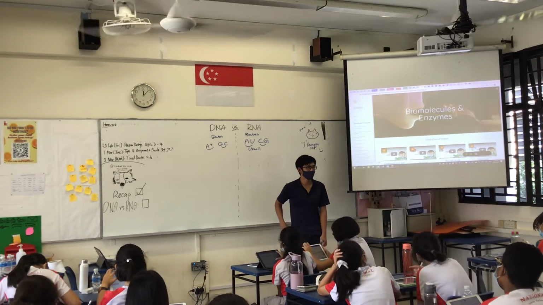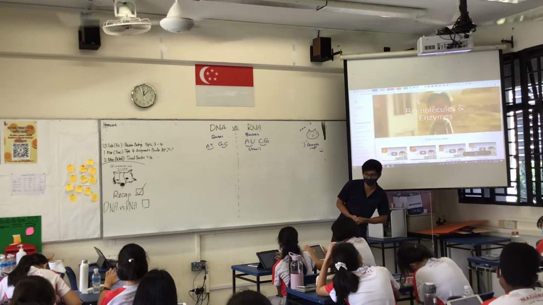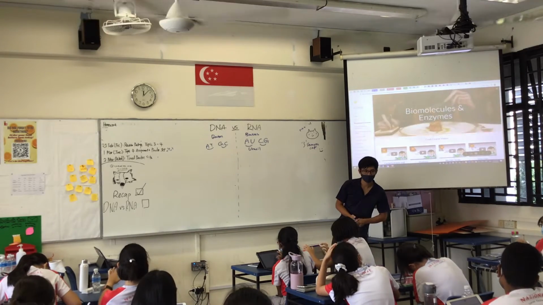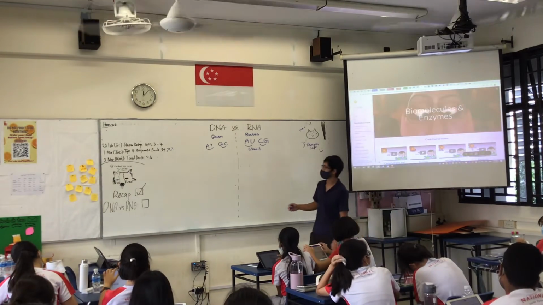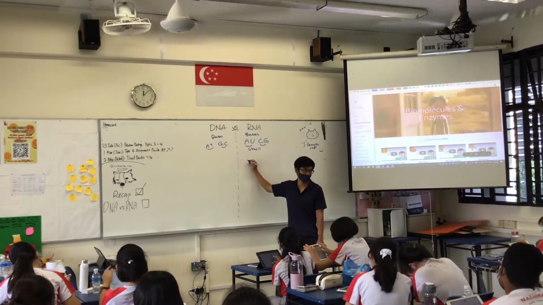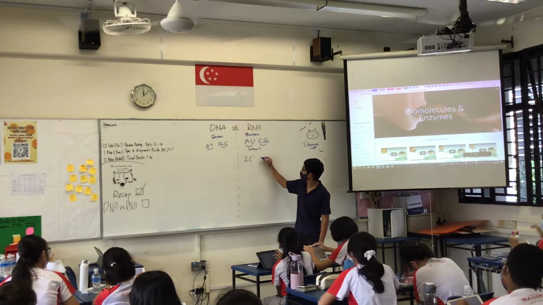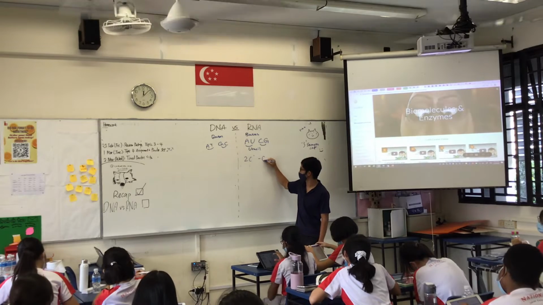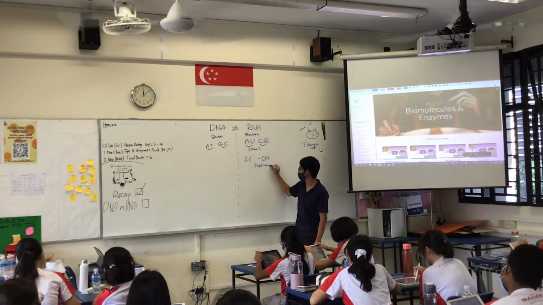Isabel? Okay, so if we look at carbon number 2, you find that for RNA, you find a hydroxyl group. Okay, again, I want to emphasize this is called hydroxyl group.